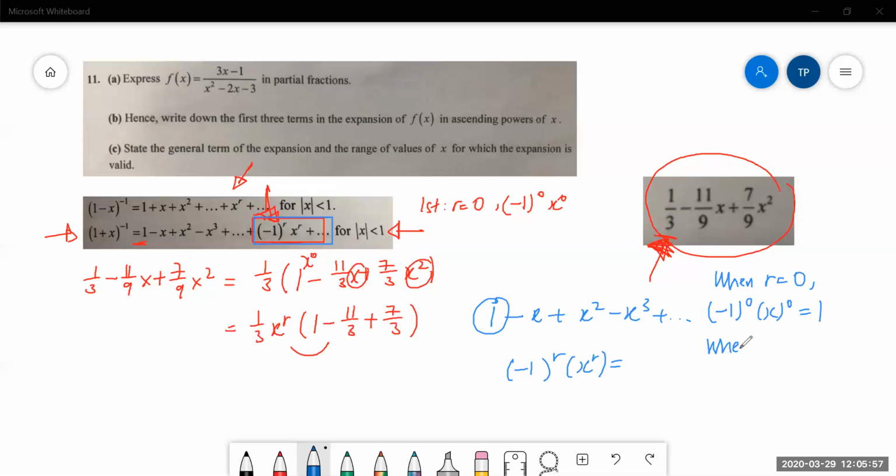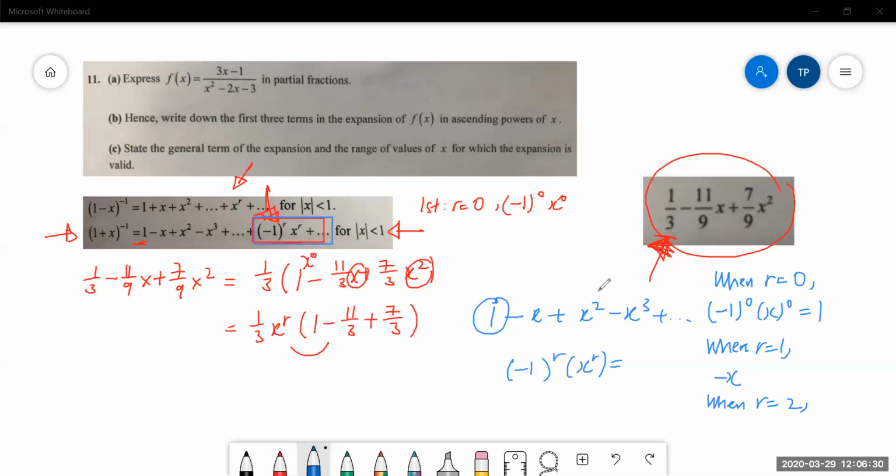When r equals 1, what will you get? Try to formulate it. Negative x. You get negative x, right? When r equals 2, what do you get? x squared.